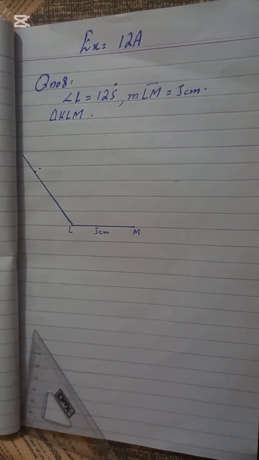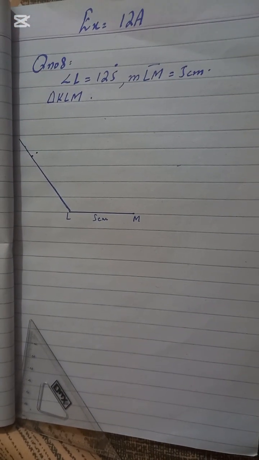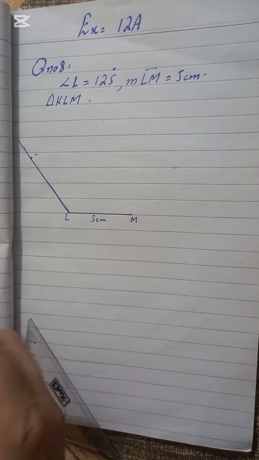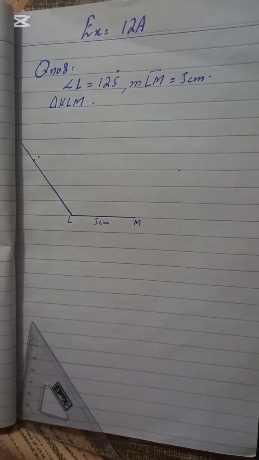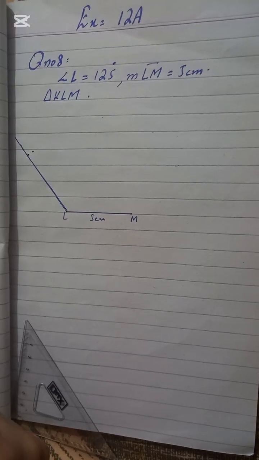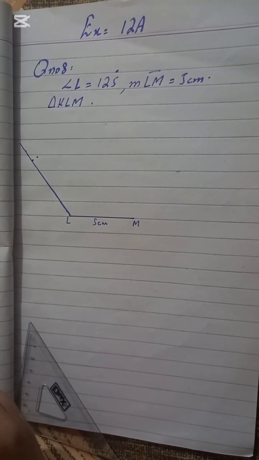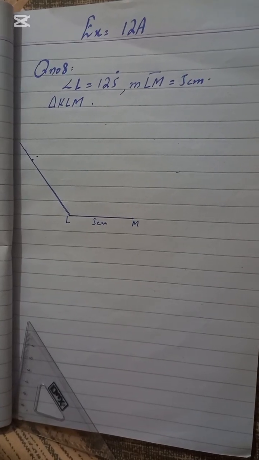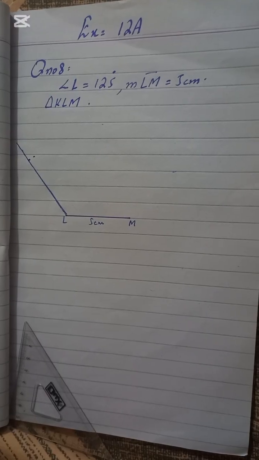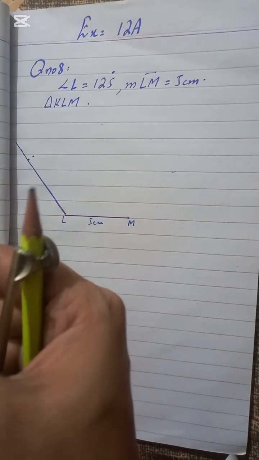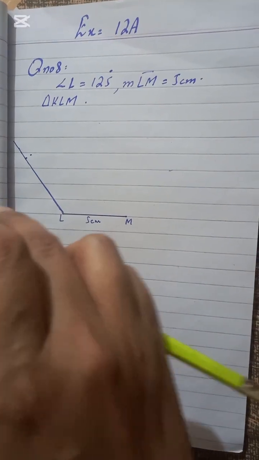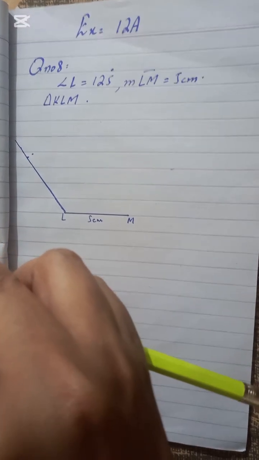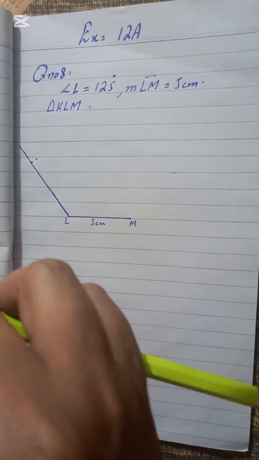Open your compass with 5 centimeters. Take L as center and mark 5 centimeters.